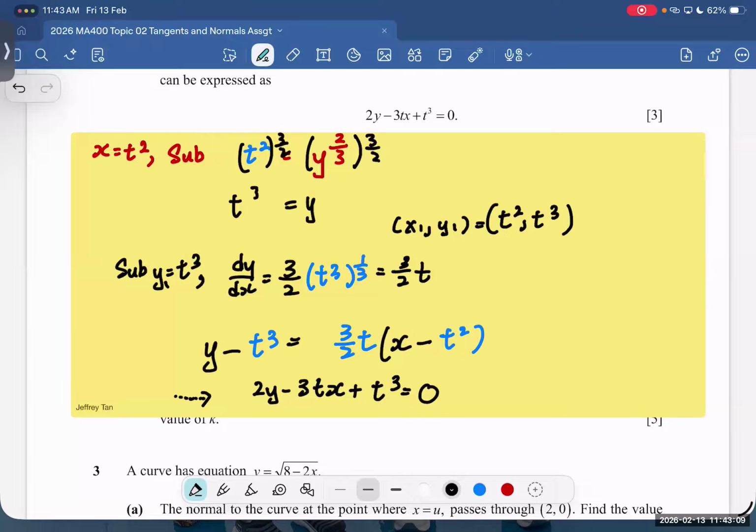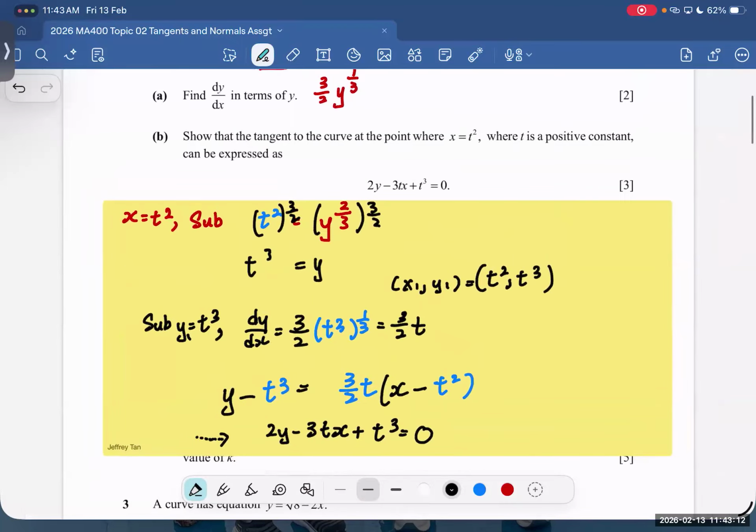Okay, so this is for 1b. A very unorthodox question where your dy/dx is in terms of y. But I think with all the little twists and turns and the curveballs, if you are able to get the equation, well done. Good for you. dy/dx is not the same as dx/dy.